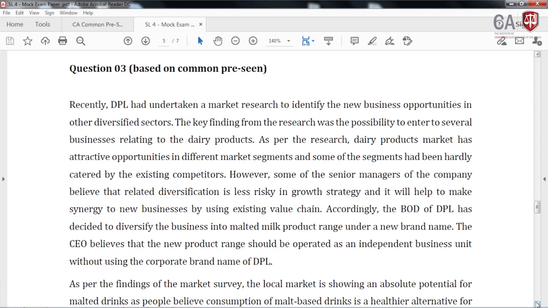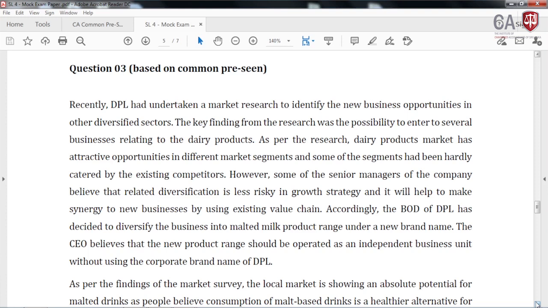Within related diversification also, there may be a few options available. For example, vertical expansion and horizontal expansion, two options on related diversification.